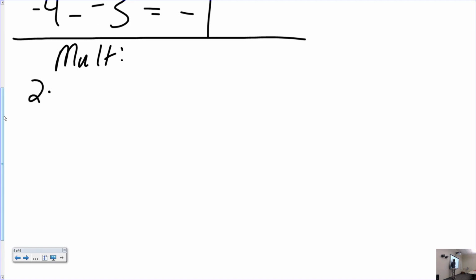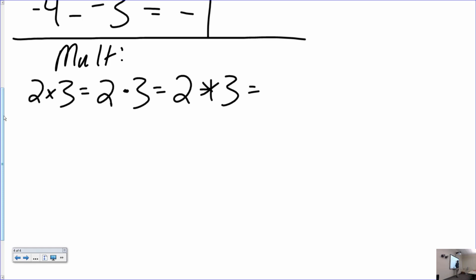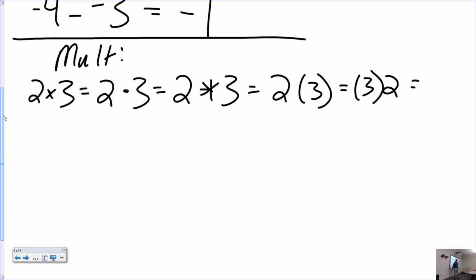One of the things I like to do just to be safe is show you all the different ways that 2 times 3 can be written. Those are all 2 times 3, every single one of them. Okay? It's just different ways to write it.